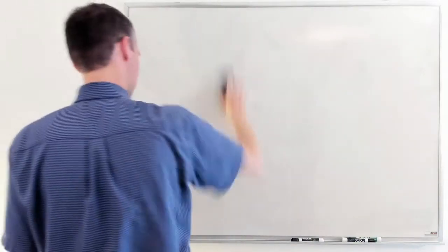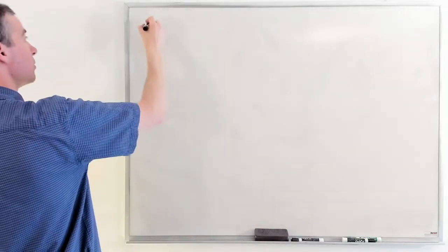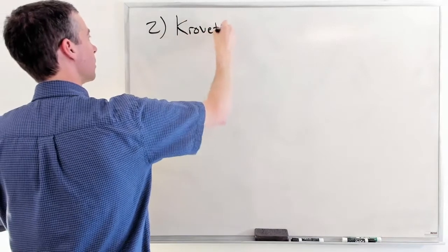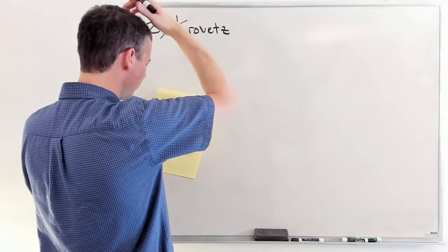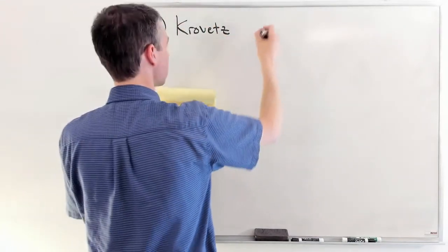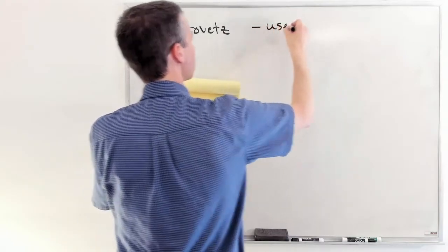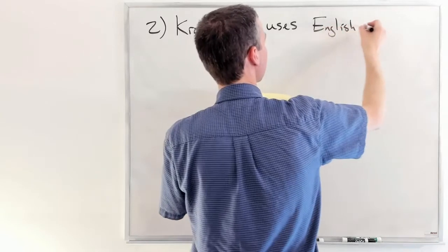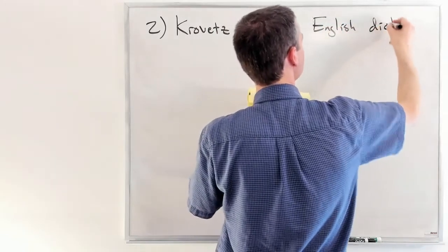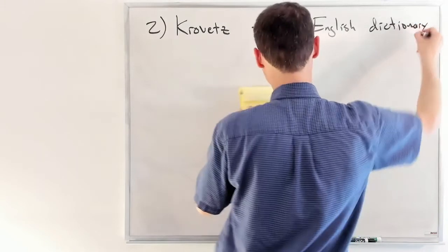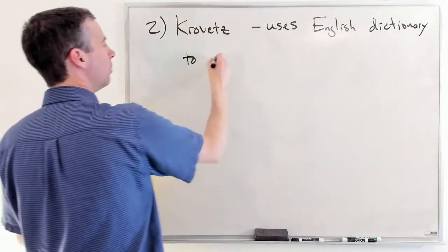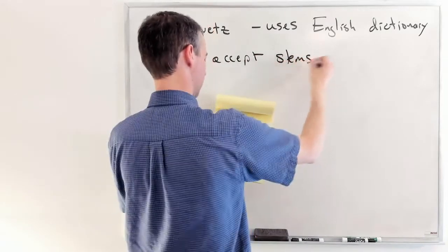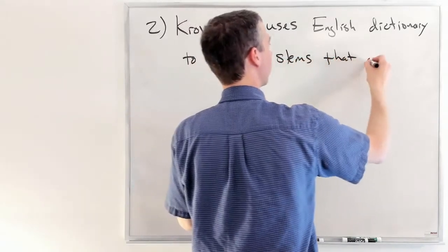The other commonly used stemmer is the Krovetz stemmer. Both of these are named after their creators. And the big thing about the Krovetz stemmer is that it uses an English language dictionary to only accept stems that are words.